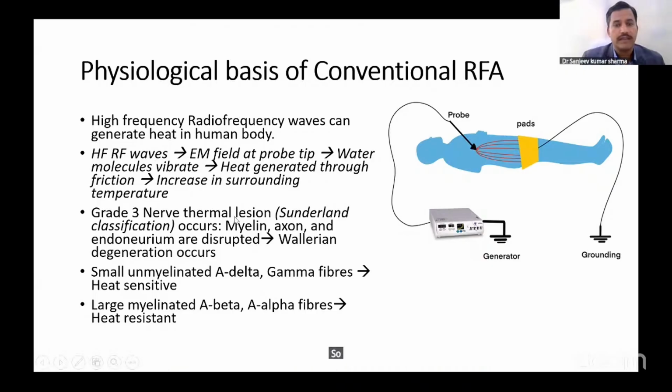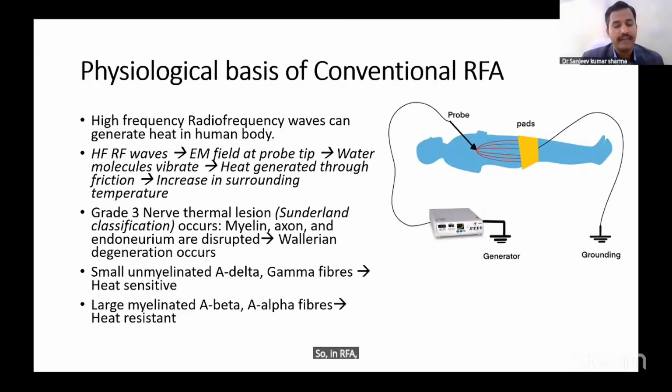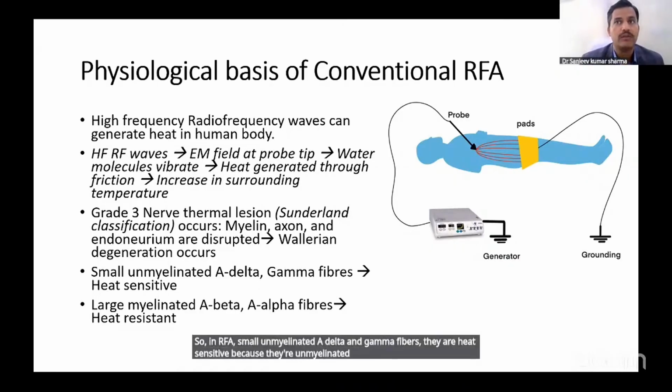So what does RFA do? It produces a grade 3 nerve thermal lesion, in which the myelin sheath, the axon, and the endoneurium are disrupted. Later on, it results in Wallerian degeneration, so the nerve is not able to produce pain after that. In RFA, small unmyelinated A delta and C fibers are heat sensitive because they are unmyelinated, so they are more readily damaged or ablated by RFA.